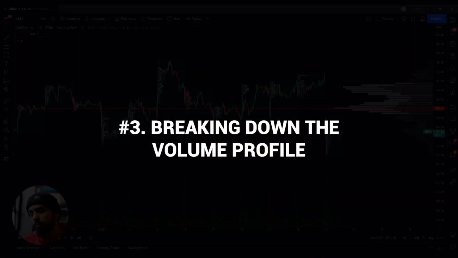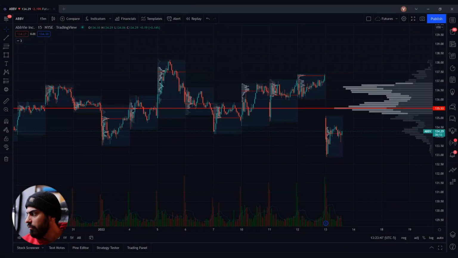Now, as we've customized the volume profile and broken down somewhat what it is, let's dive into it a lot more. We've got to talk about the volume profile principles. If we zoom in on the chart here, we're going to look at this a little more intently. Remember, volume has two functions: confirming price validity and rejecting price validity.